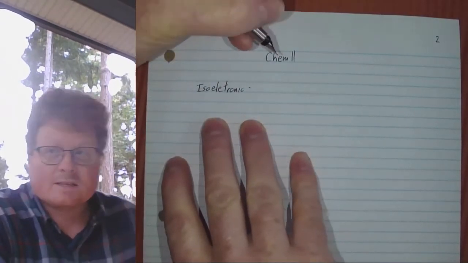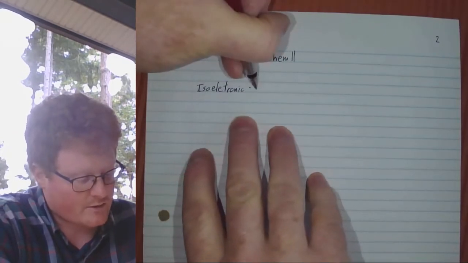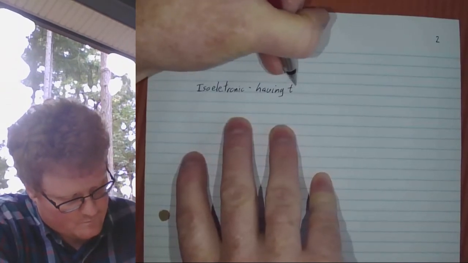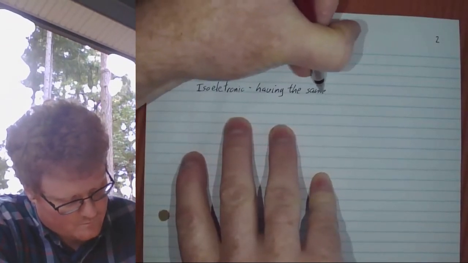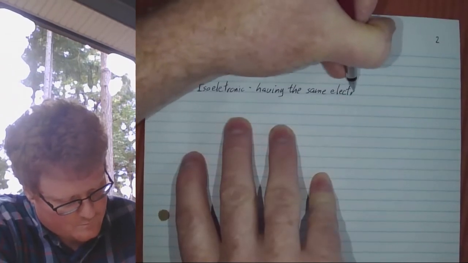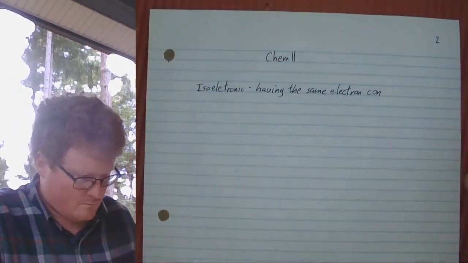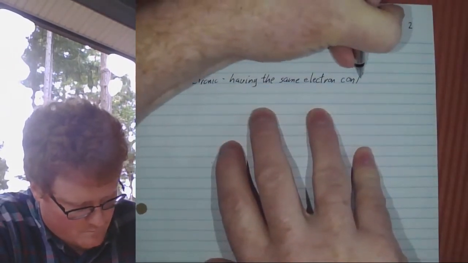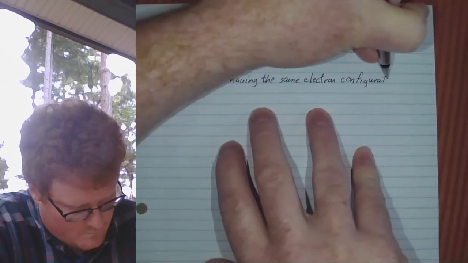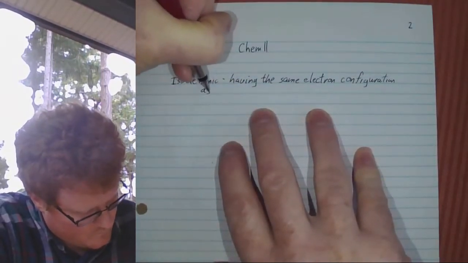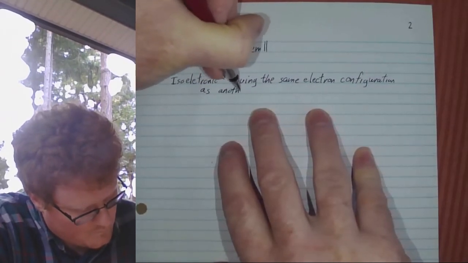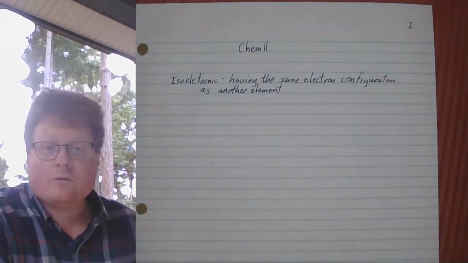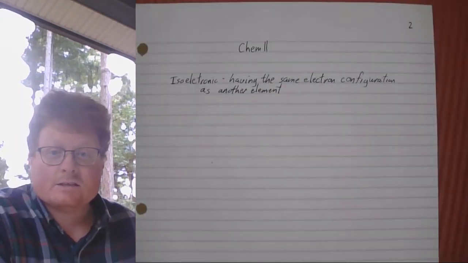So this, in chemistry terms, is having the same electronic configuration as another element. And this is the driving force behind ionization, essentially.